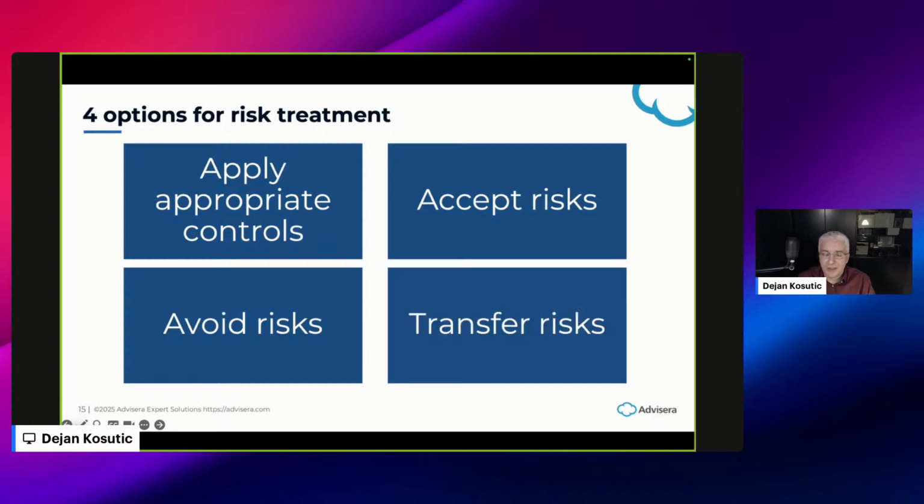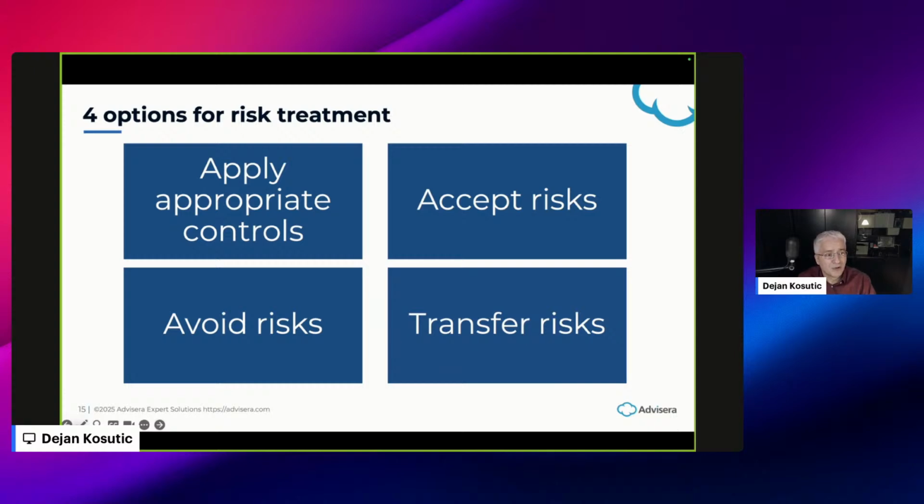And then the fourth way is to transfer the risks. So basically, this is where you transfer a part of your damage to a third party. A typical example here would be an insurance policy from an insurance company. For example, you can insure your physical assets against fire or earthquake.